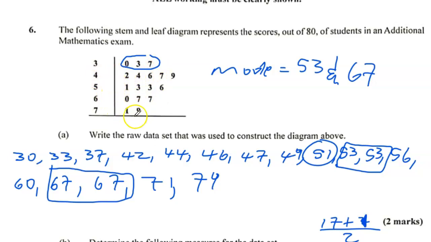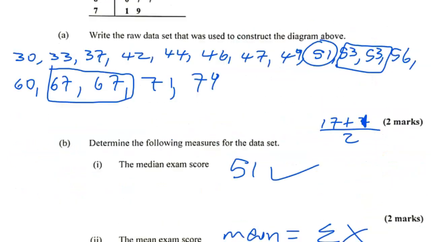Of the 14 who passed, how many of them scored over 60? Notice 67, 67, 71, 79. We won't count the 60 because we need above 60. So of the 14 who passed, 4 scored over 60.